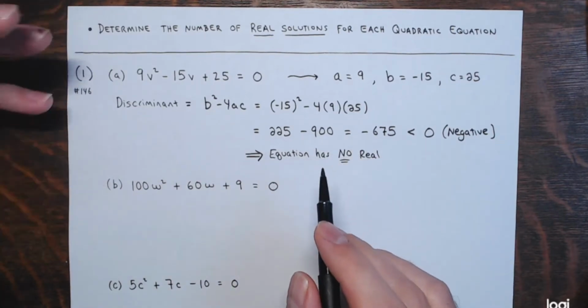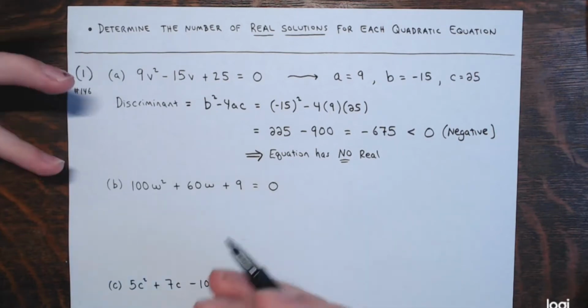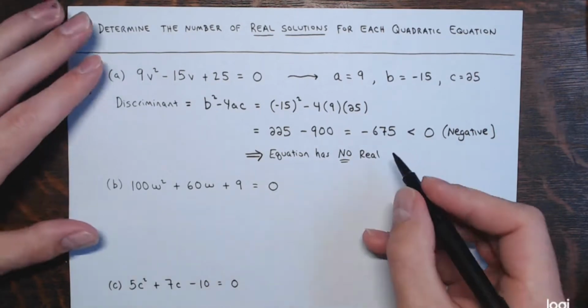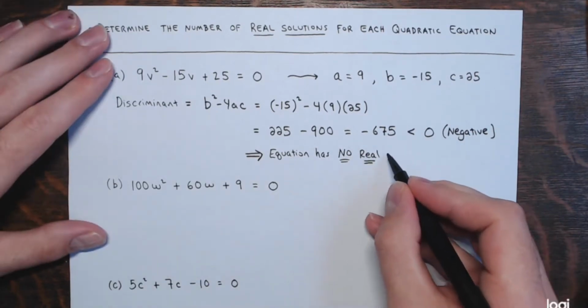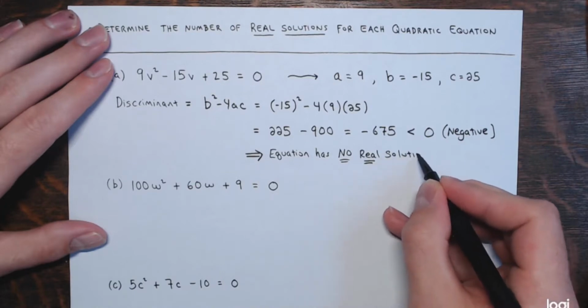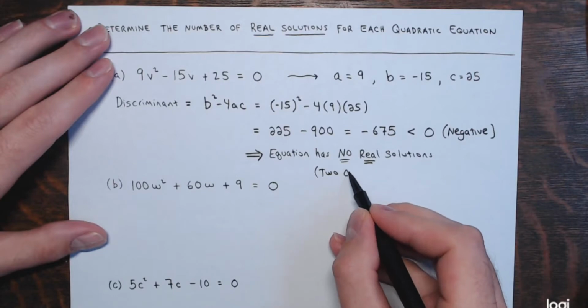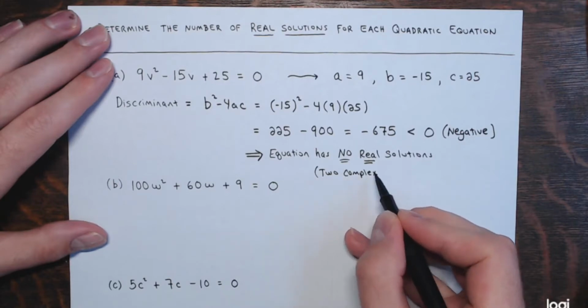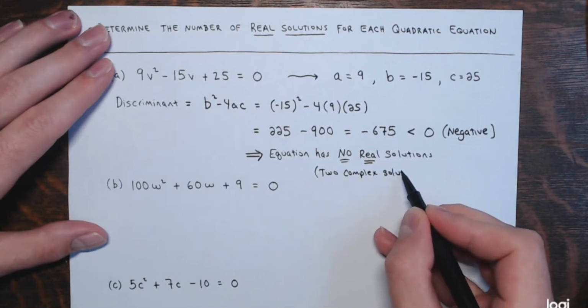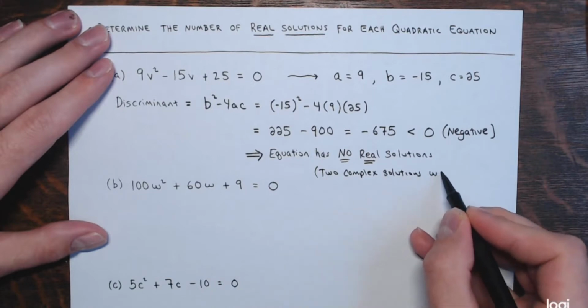You'd have two solutions with an imaginary number in it. But there are no real solutions. It would have two complex solutions with an imaginary part.